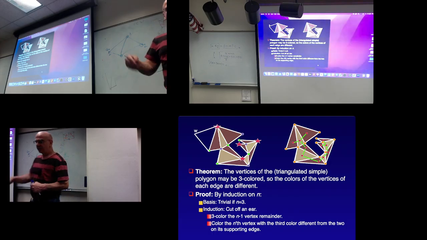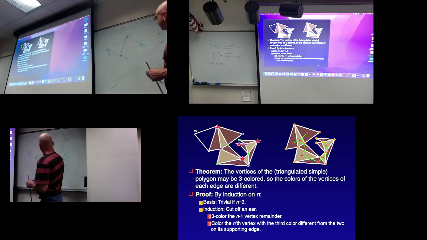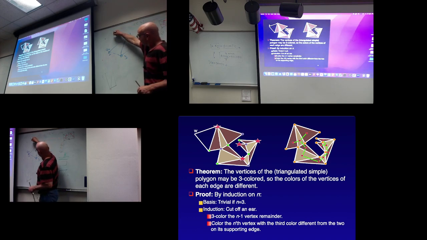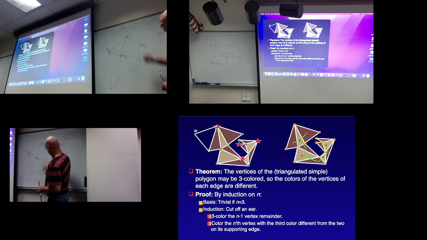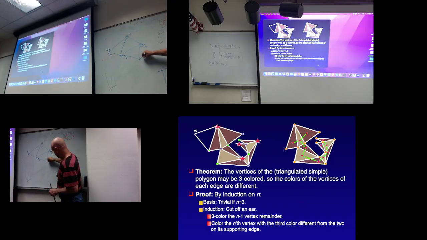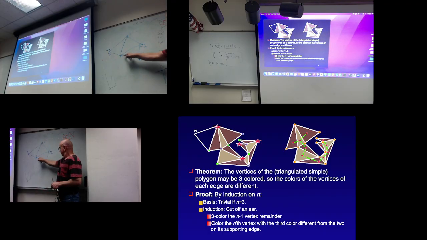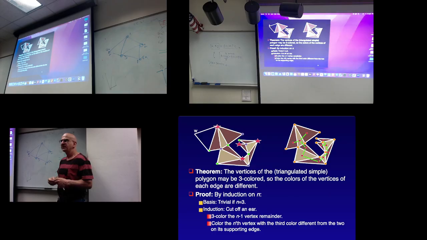And if the polygon that I started from has 5 vertices, then maybe there is another ear somewhere. Maybe here is V5. Only 2 vertices matter for V5, they are color 2 and 3, so I can give it color 1, always the complement.